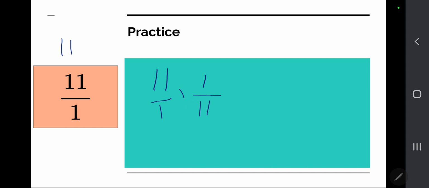And let's prove that 1/11 is the reciprocal by multiplying 11 over 1 and 1 over 11. So 11 times 1 is 11, and 1 times 11 is 11. And indeed, 11 over 11 gives us 1. All right. So for 11 over 1, or just the whole number 11, the reciprocal is 1/11.